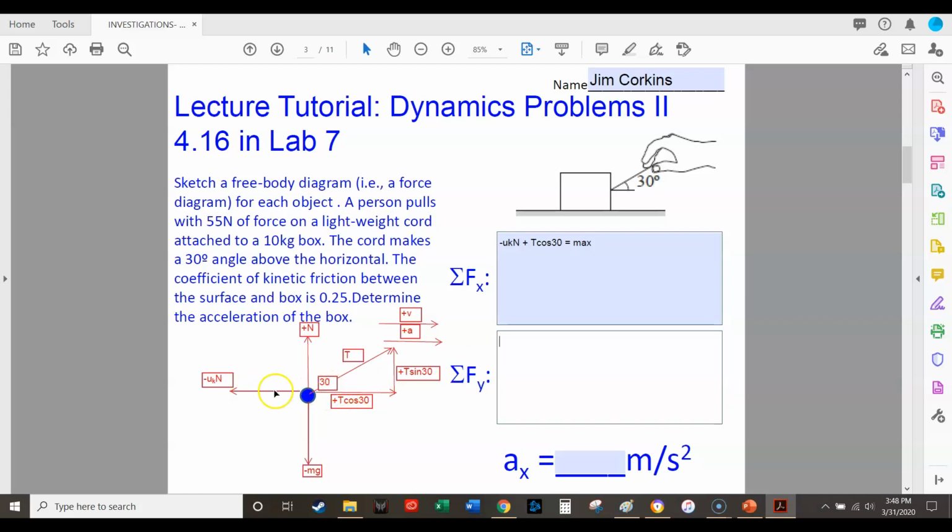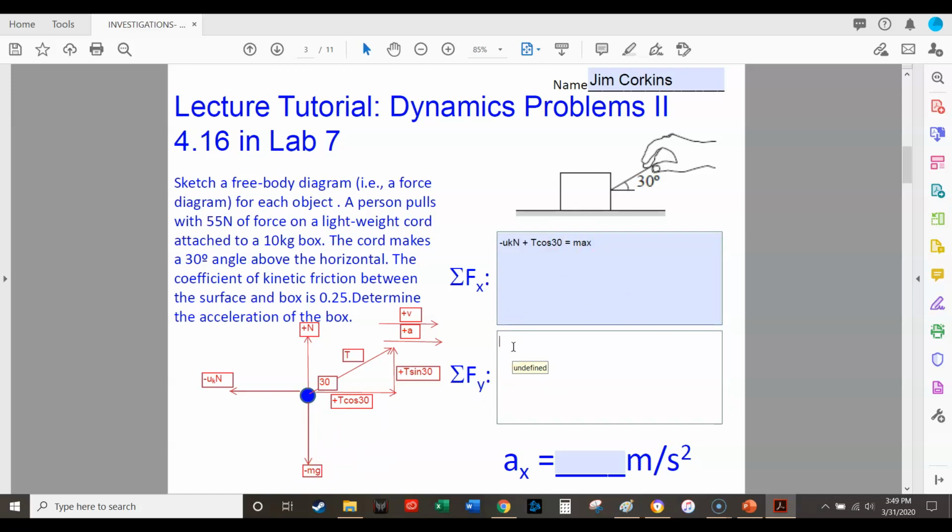All right, let's move on to the sum of forces in the y direction. We've accounted for both of our horizontal forces. We have, it looks like, one, the normal force, two, T sine of theta, and three, negative mg in the y direction.